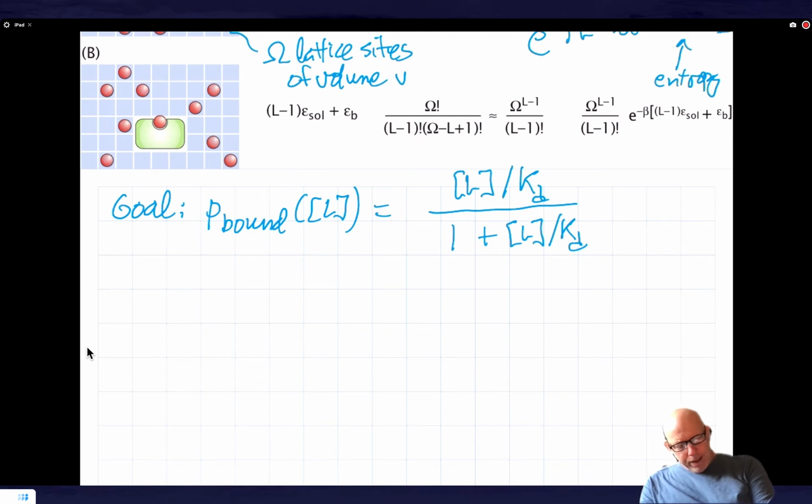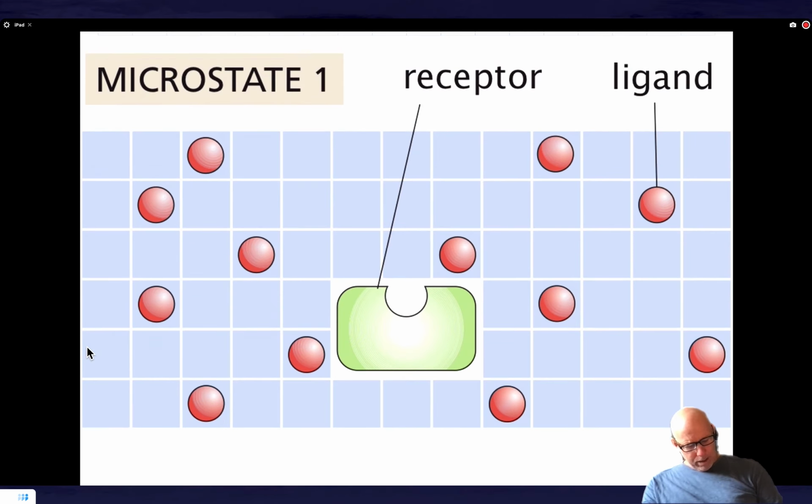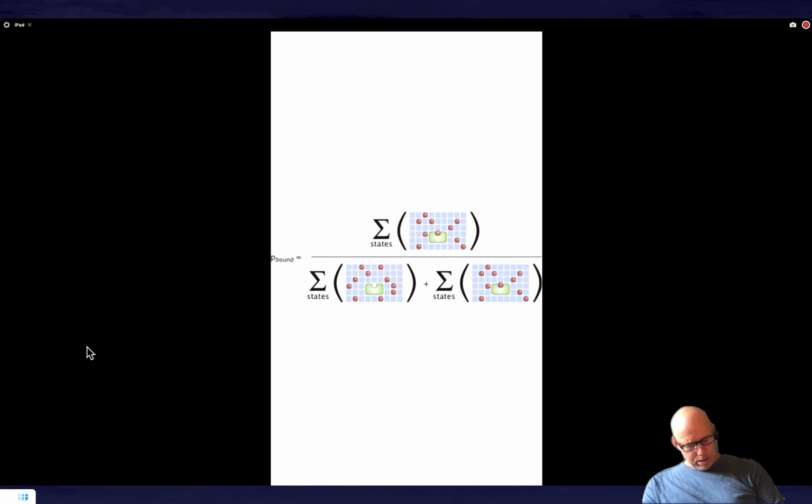I can put all that together, P bound. In fact, rather than writing it out, let's just take a look. That amounts to this fraction.